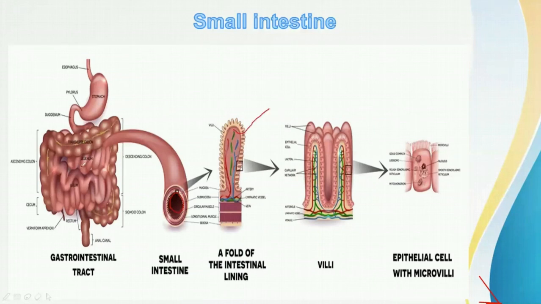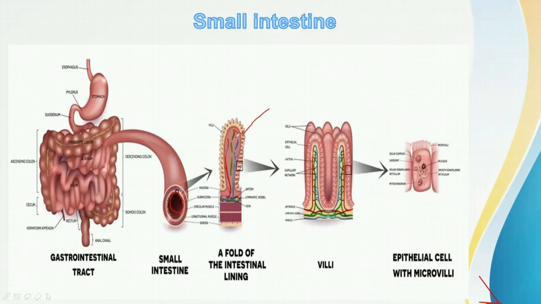When the chyme passes through these two parts, jejunum and ileum, the villi absorb the food material nutrients. So this is about the small intestine.